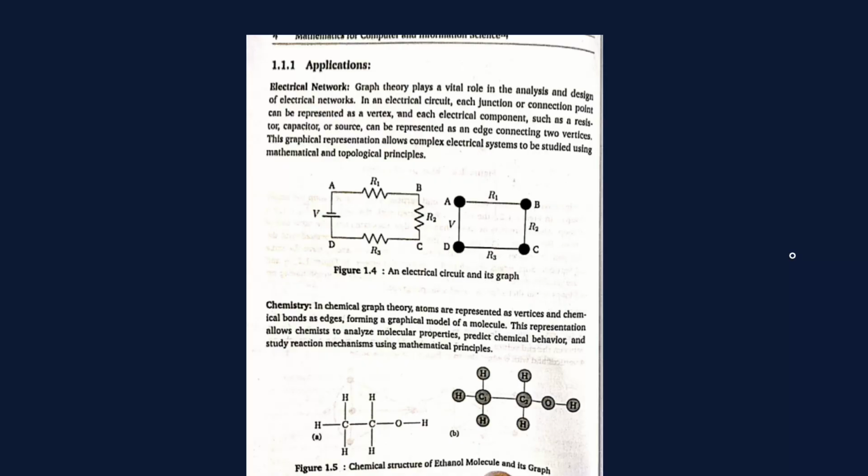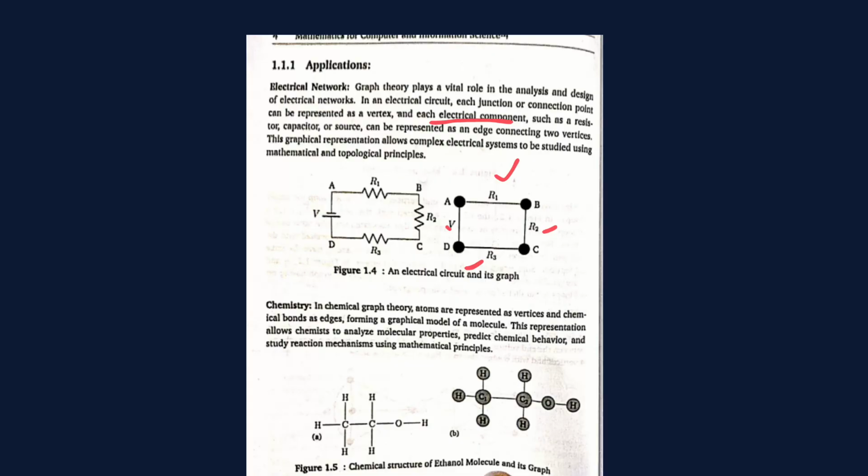In an electrical circuit, each of the junctions or connection points can be represented as a vertex, and each of the electrical components, like resistance and voltage, is considered to be an edge. So this is how an electrical network can be connected to a graph, right?